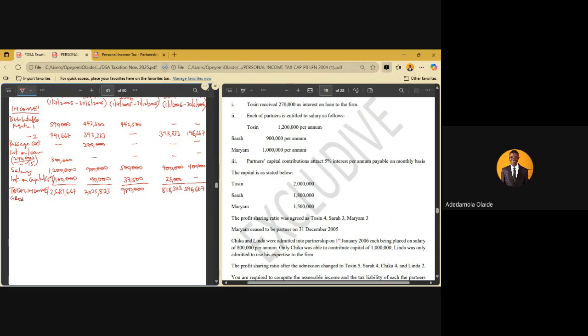So we can go straight to CRA. I think 200,000 will definitely be greater in this case, because all of it are within the range of 1 million, 2 million.